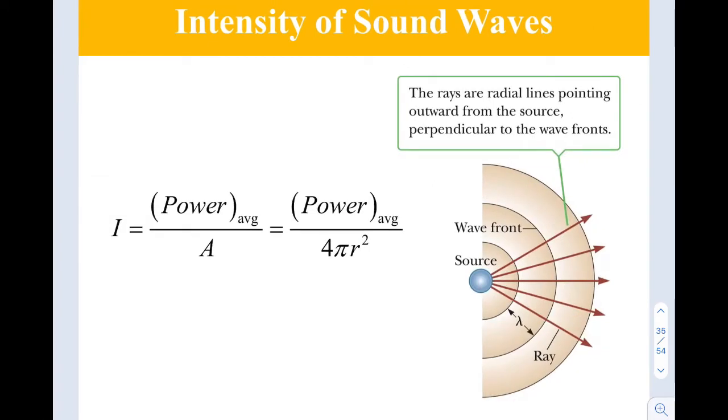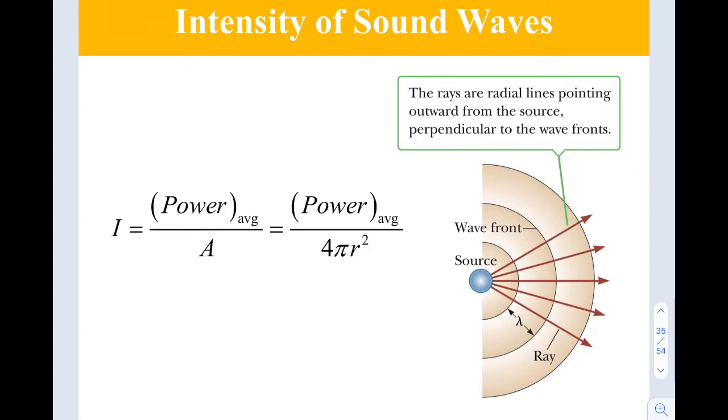If we are specifically talking about the intensity of a sound wave, let's say this is the source of our sound wave, a loudspeaker, or let's say our vocal cord. The sound is going to travel radially outward from the source, so the wavefront of the sound wave is going to be radially outward like this.